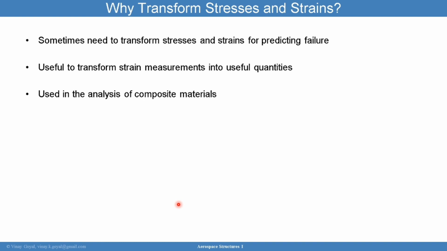For example, if I make strain measurements, I want to be able to determine what the structure is doing, and perhaps you want to transform those strains to be able to use them for further calculations. We can then also use transforming stresses and strains for analyzing composite materials.